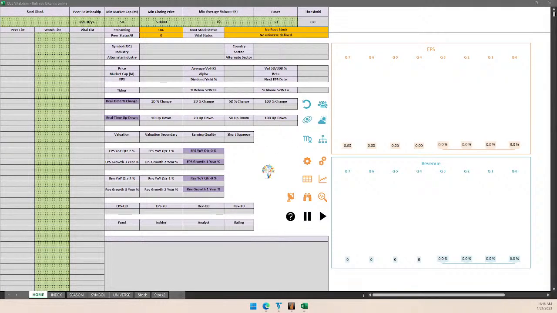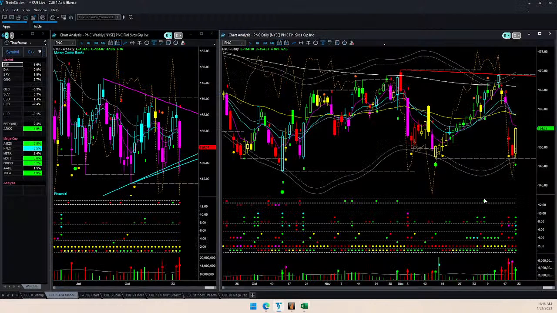Let's look at this stock, PNC. While Vital is getting the data, let's look at the chart. PNC went up right from the weekly trend line support. In fact, it created a false downside breakout, which is even more bullish.